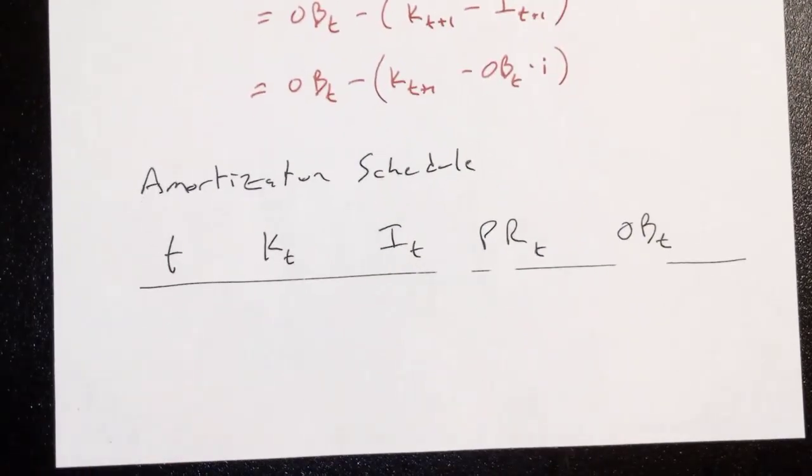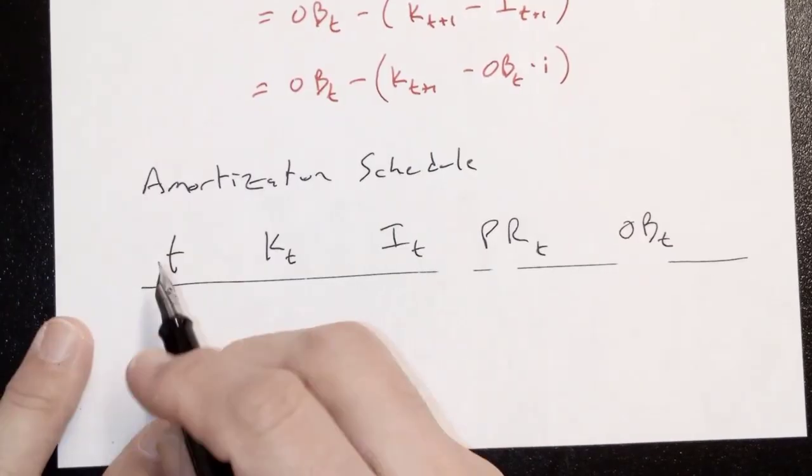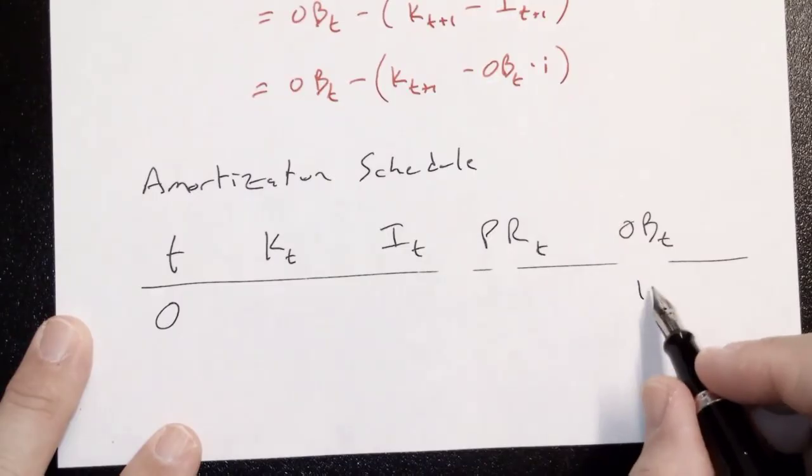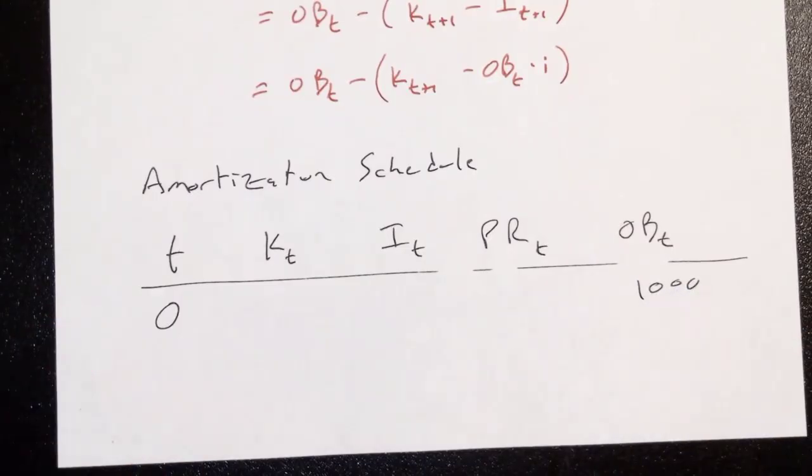The example we did, what was our loan amount? $1,000. So at time 0, we hadn't made a payment, we hadn't been charged any interest, we hadn't paid any principal. We had a balance of $1,000. And our rate, what was our rate on this problem?